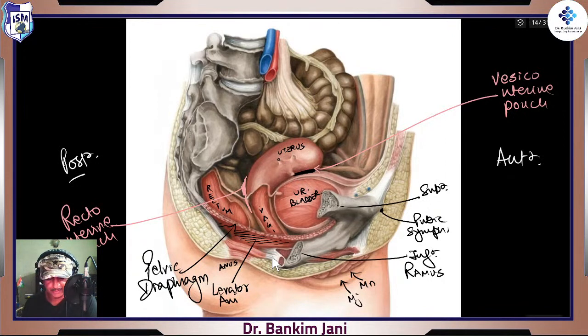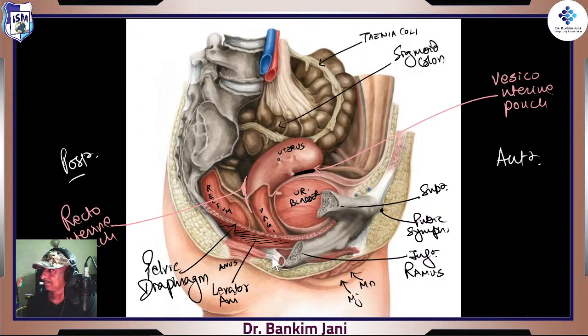Other structures are pretty easy. Over here is the sigmoid colon. And these are the taeniae coli.